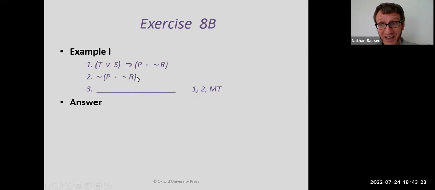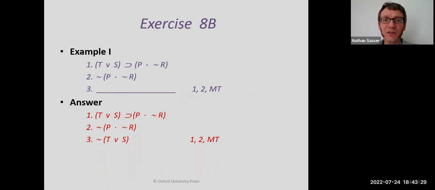What follows is the negation of the antecedent. And what is the negation of the antecedent? Very good. It's line 3 here. It's not the case that (T or S). Be careful to keep those parentheses in here so that the negation ranges over the entire compound statement and not just individual parts.